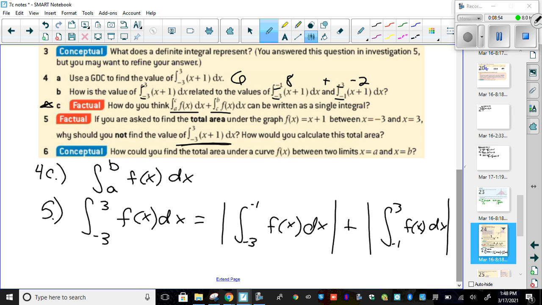Now, if you know which one's negative, you technically only have to take the absolute value of the one that you know is negative. But it's safer to take the absolute value of both of them. So if we do that, we get 8 plus 2, which gives us 10.